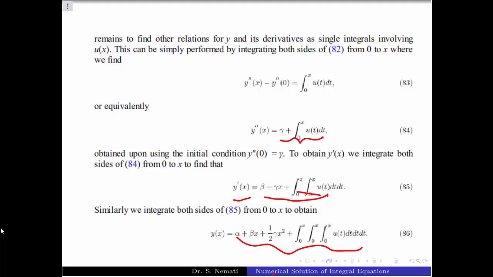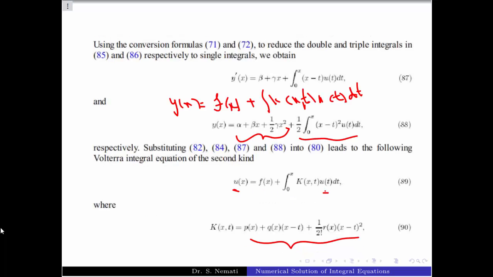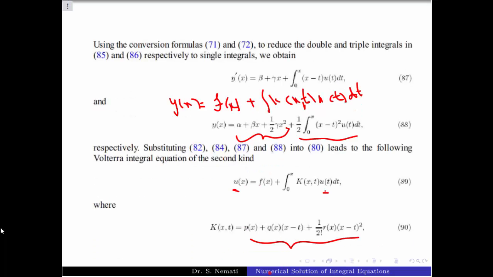Finally, we replace all of them in the main problem and obtain the equivalent integral equation, by replacing all equivalent expressions.